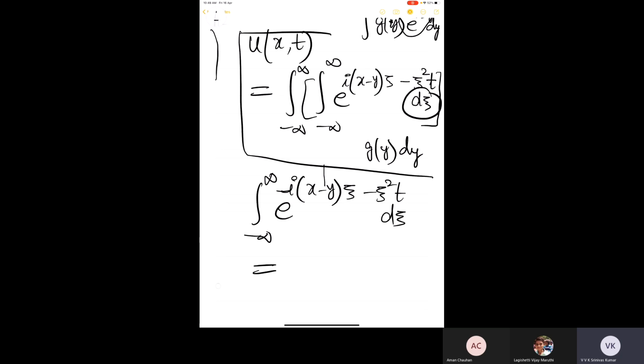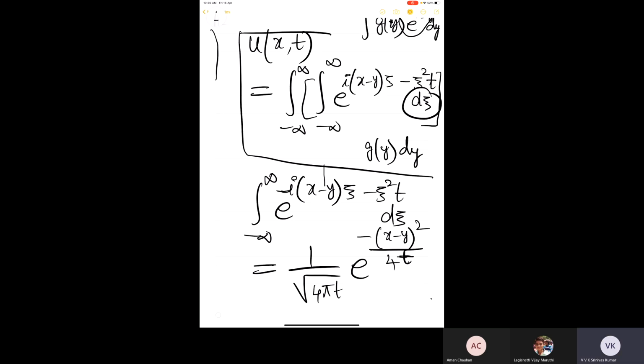This is the actual 1 upon root 4 pi t exponential minus x minus y whole square over 4t, and this is the heat kernel. How has this come?